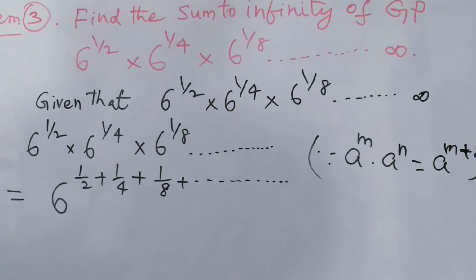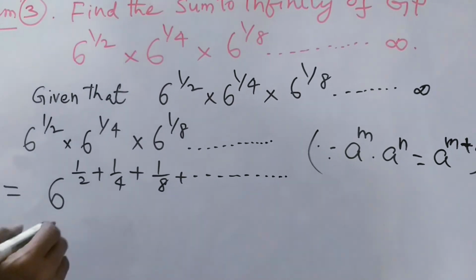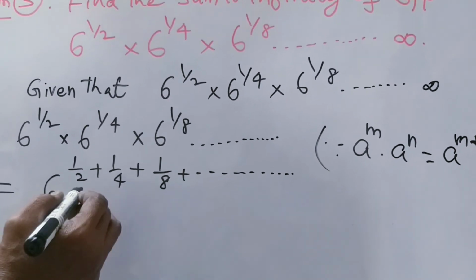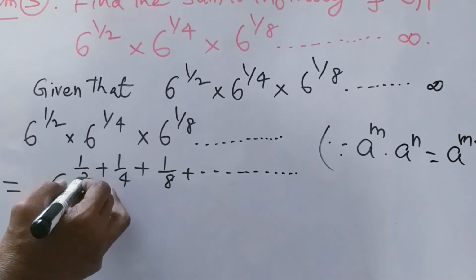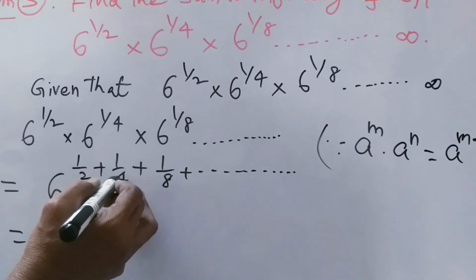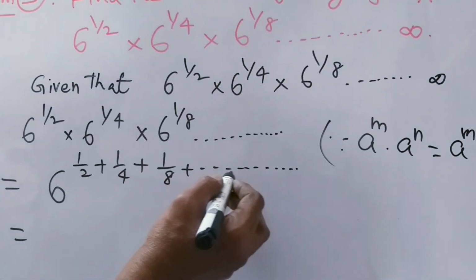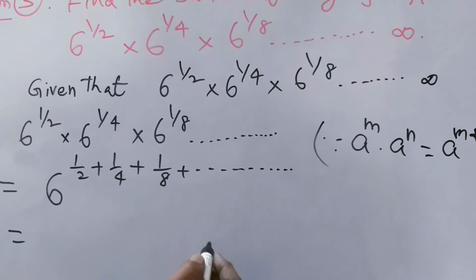So this is equal to, so in this the first term is 1 by 2, second term is 1 by 4, third term is 1 by 8, and so on up to infinity terms.